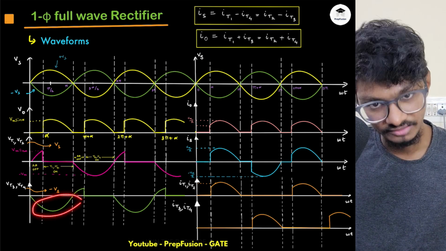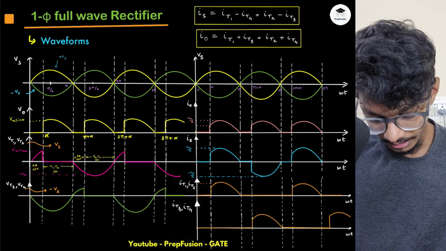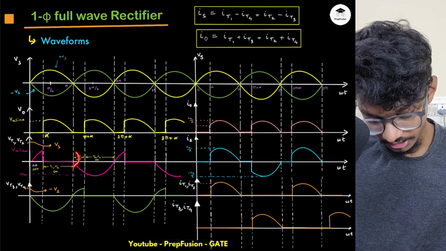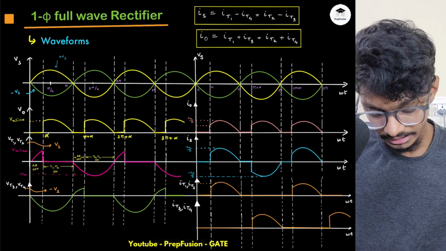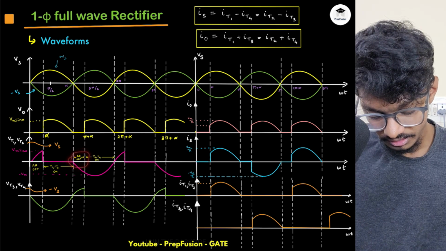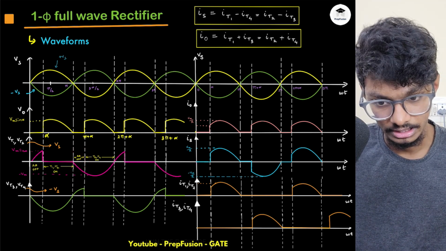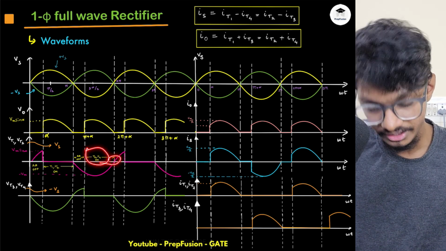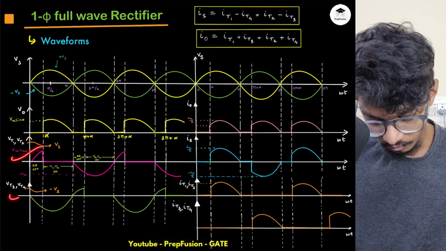T1 and T2 will be on from alpha to pi, and then after that all will be off, and then from pi plus alpha to 2 pi, T3 and T4 will be on and the others will be off, right? So this will be the voltage equation across the load.